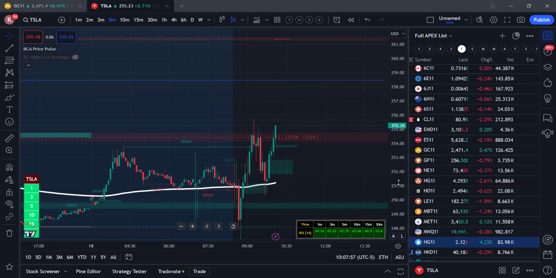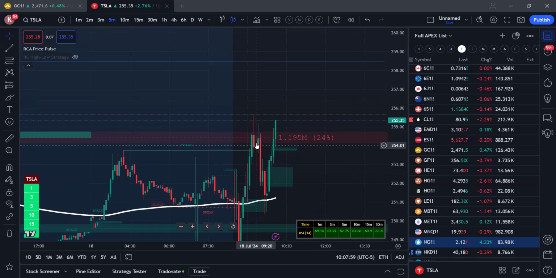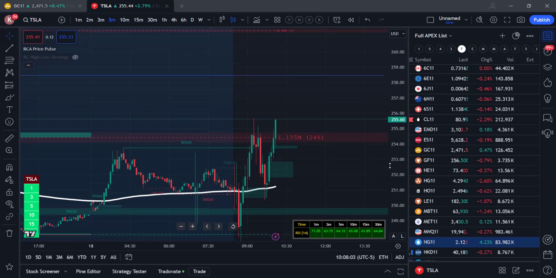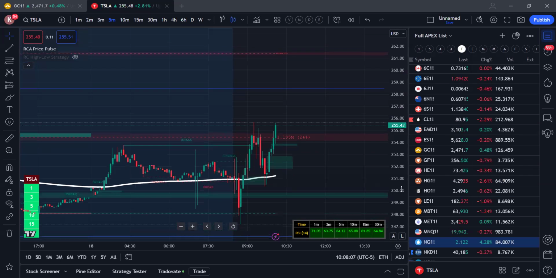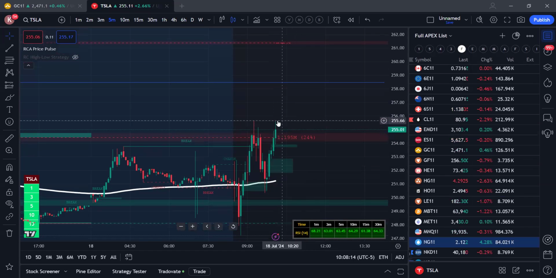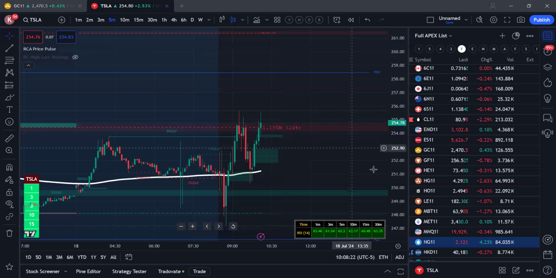So they are trying to break it. The candles are very bullish, so there is a high possibility for Tesla to go to 258. Let's wait for the candle close. If candle closes above this, then we can enter Tesla calls or Tesla credit spreads.